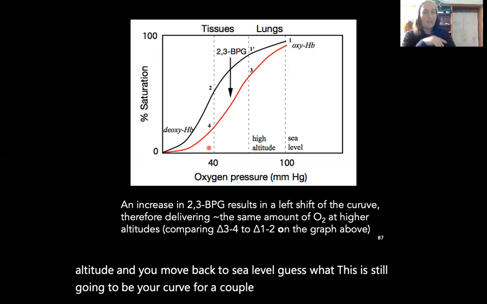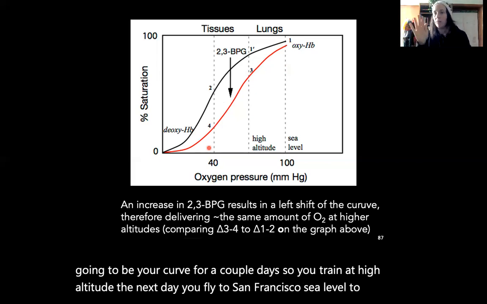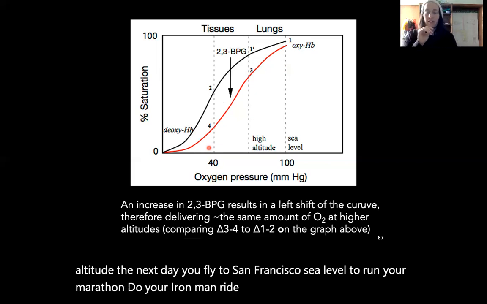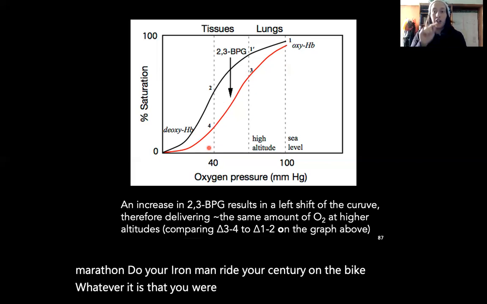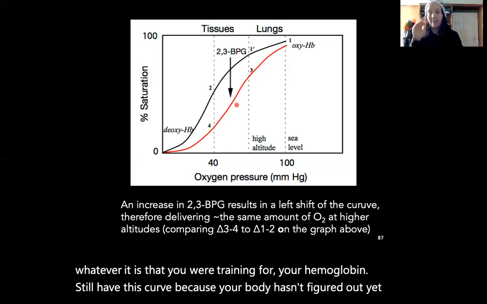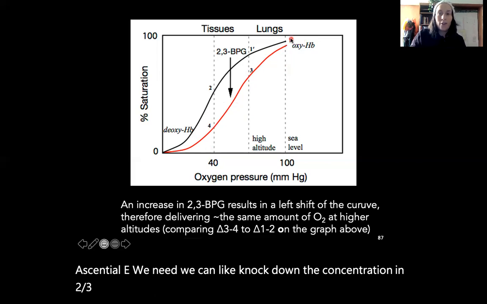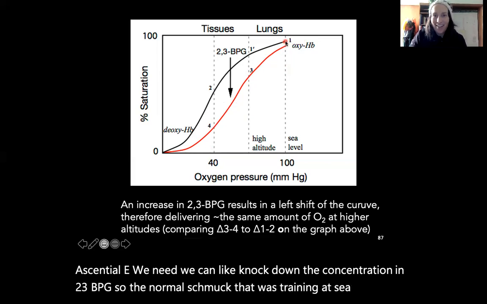So you train at high altitude, the next day you fly to San Francisco, sea level, to run your marathon, do your Ironman, ride your century on the bike, whatever it is that you were training for. Your hemoglobin still has this curve because your body hasn't figured out yet that it can knock down the concentration of 2,3-BPG.